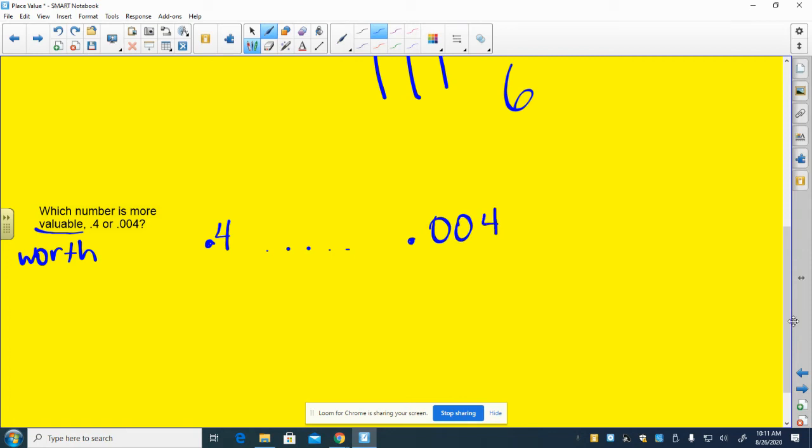Now at first, I know your brain's going to tell you, ooh, I know which one's worth more, the one that takes up more space, and you want to circle it. But please do not do that. The number one rule in math is make it fair. And I'm going to show you what I mean by that when we're working in place value city and with decimals. This first number, decimal 4, only has one digit.